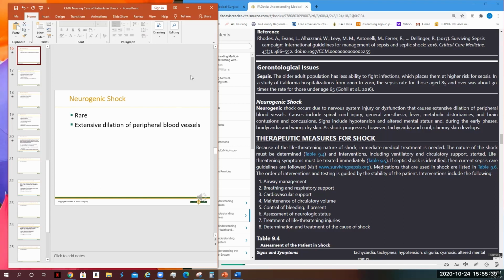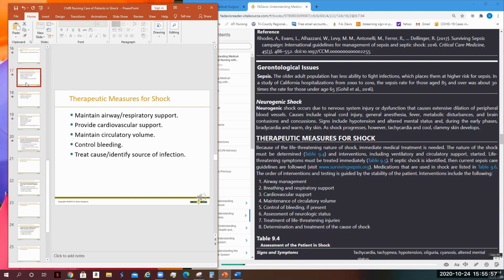Therapeutic measures for shock. Because of the life-threatening nature of shock, immediate medical treatment is needed. The nature of the shock must be determined, and interventions, including ventilatory and circulatory support, started.